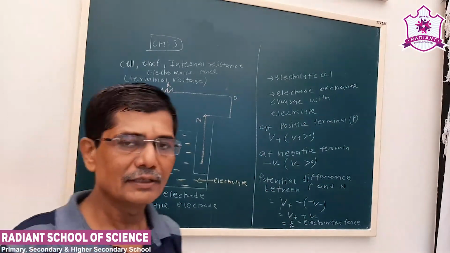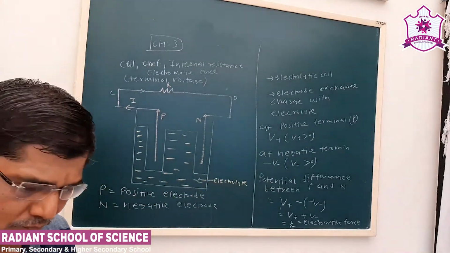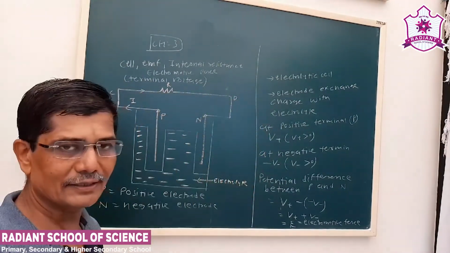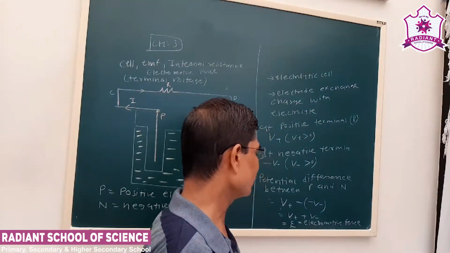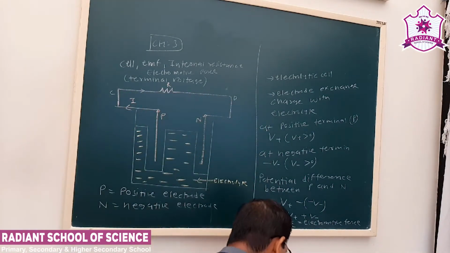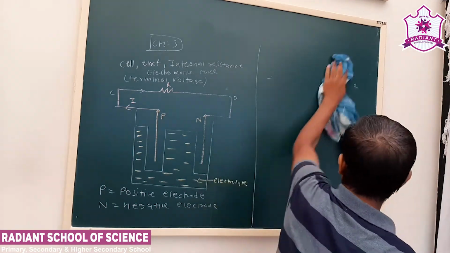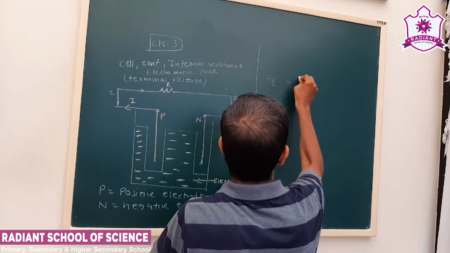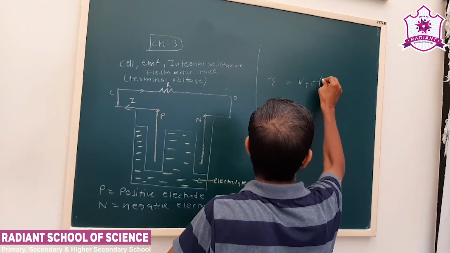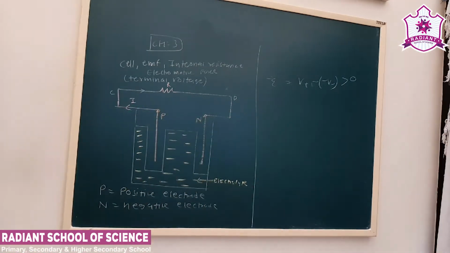But this acronym we have been using from a very long time, so the nomenclature has remained the same. Electromotive force is E. Now see the EMF of the cell, that is always greater than 0.